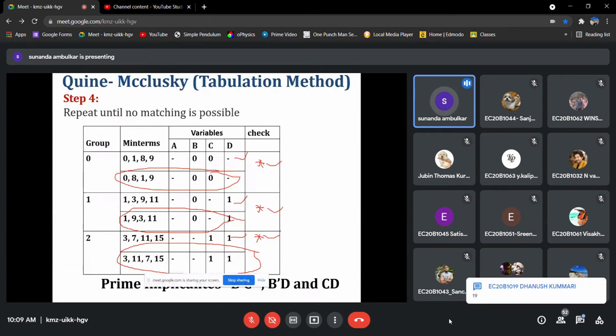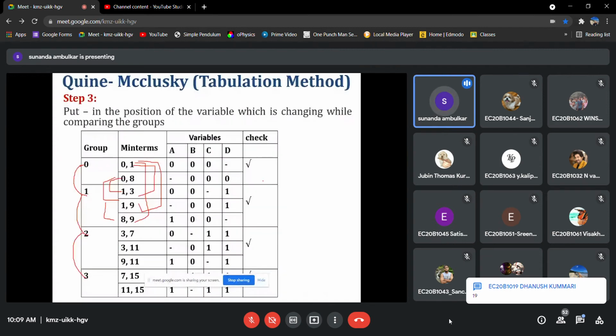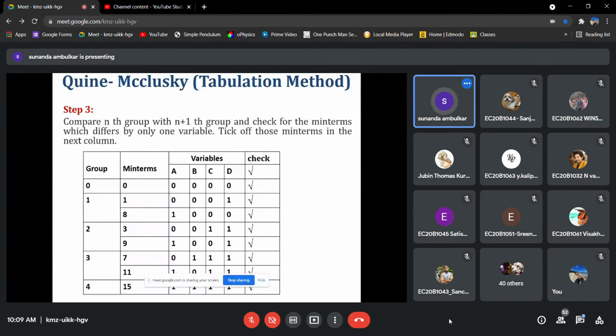Now what is the meaning of this check sign? If any of the min terms in any of the groups does not have a check sign, that means those min terms will make the prime implicant in all the tables. Suppose it is possible that a term is not compared with any of the min terms of any of the next group.